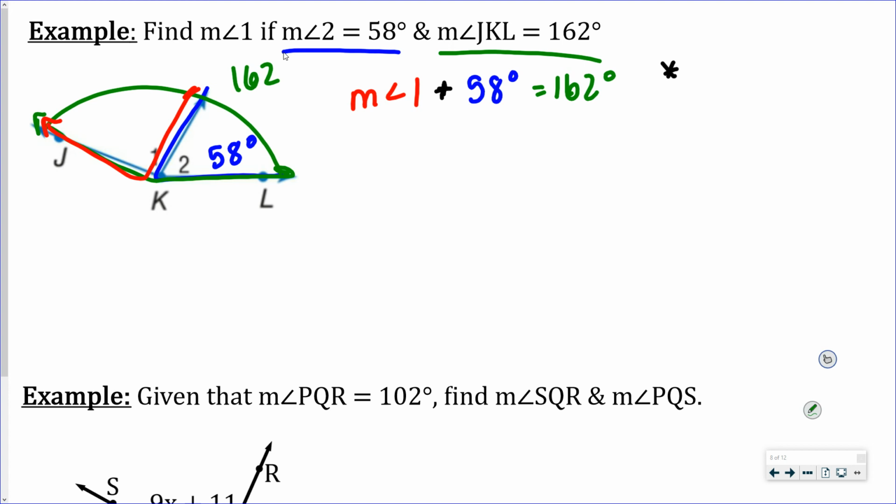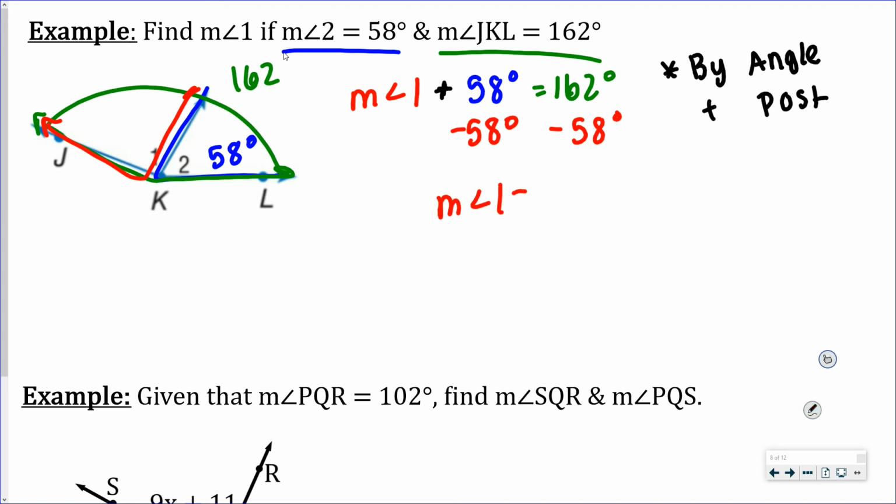How can I justify this step? This would be the angle addition postulate. That these 2 angles would sum up to the big angle. All right, again, doesn't say we have to justify. We don't have to prove anything, so we can just do some algebra here. We get the measure of angle 1 is 104 degrees. That's all we got to do.